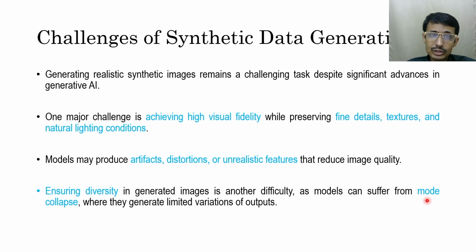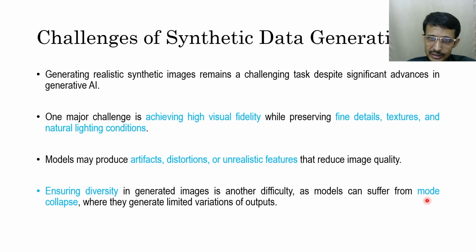First challenge, achieving high visual fidelity, the visual quality of the image. There are different parameters of this synthetic data. For example, it should not be very noisy, or look like it is AI generated.